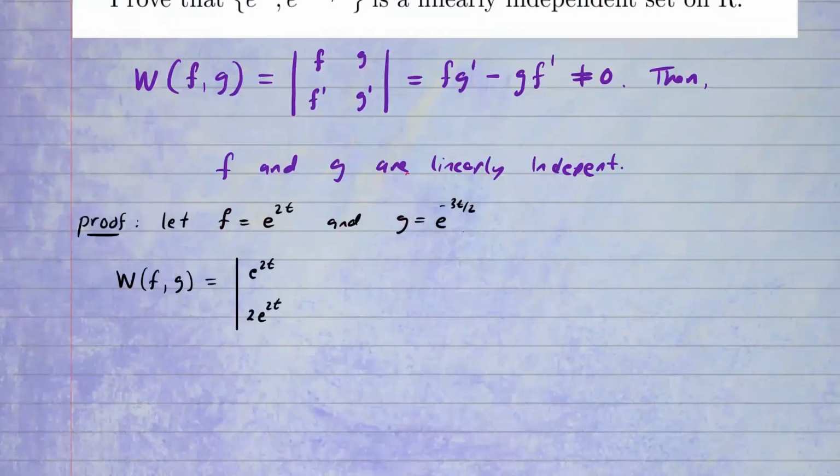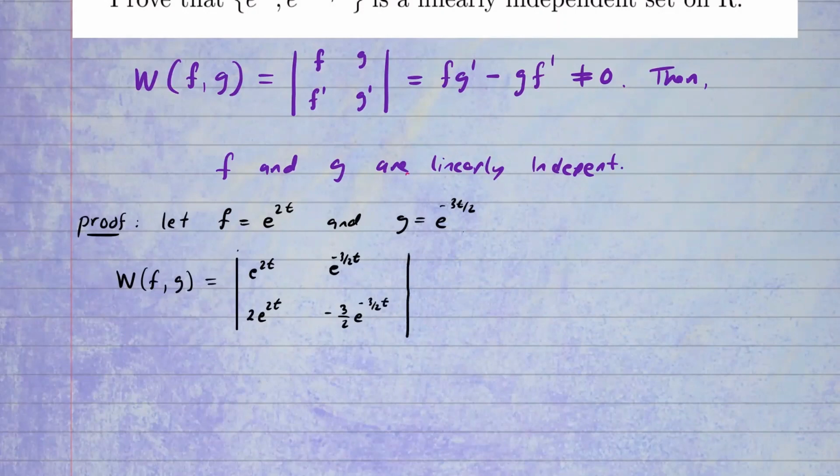And then the next column, we're going to write g, which is e to the negative 3/2 t, and this would be its derivative, so that's negative 3/2 e to the negative 3/2 t. So that's how you set up this determinant. Now we multiply this with that, and then we subtract away the product of these guys. That's how you multiply this matrix.